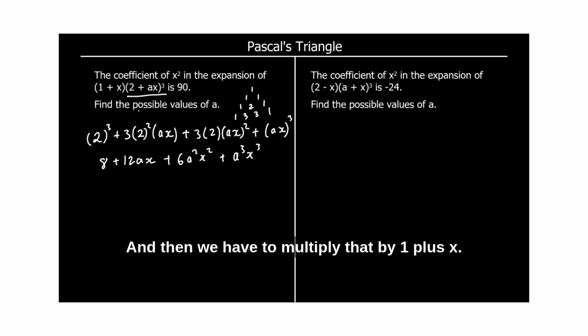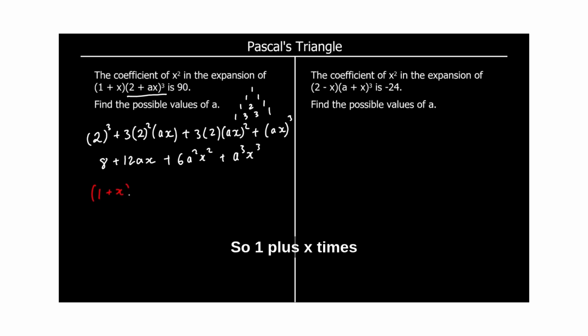And then we have to multiply that by 1 plus x. So (1 plus x) times (8 plus 12ax plus 6a squared x squared plus a cubed x cubed).